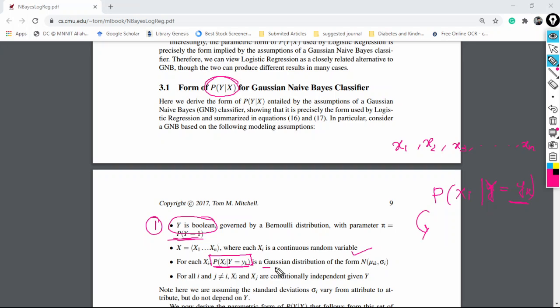This is a normal distribution N of mu ik, for the ith feature and k classes.